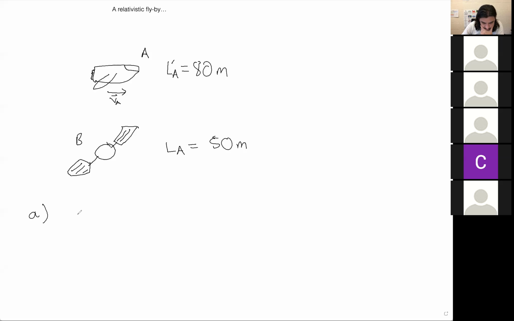When you were on B, what is the speed from the point of view of the space station? Okay, so that's the first question to ask.